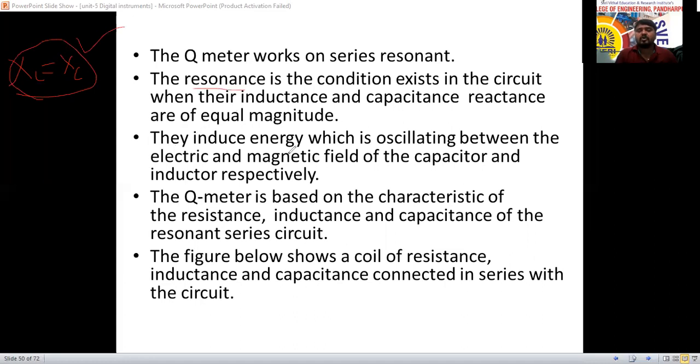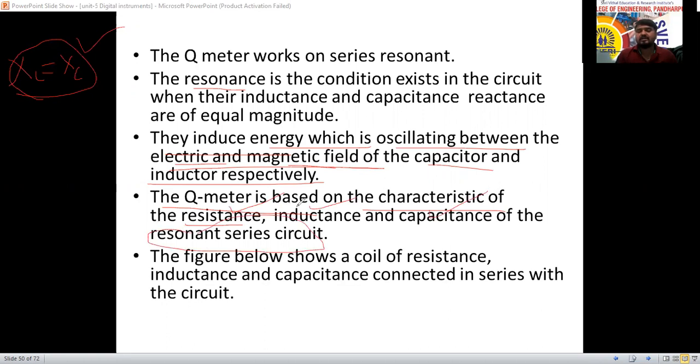This includes energy oscillating between the electric and magnetic fields of the capacitor and the inductor respectively. The Q value is based on the characteristics of resistance, inductance, and capacitance of the resonant circuit.